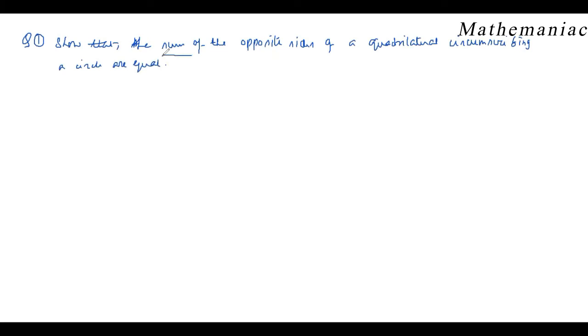Sum of the opposite sides of a quadrilateral are equal.